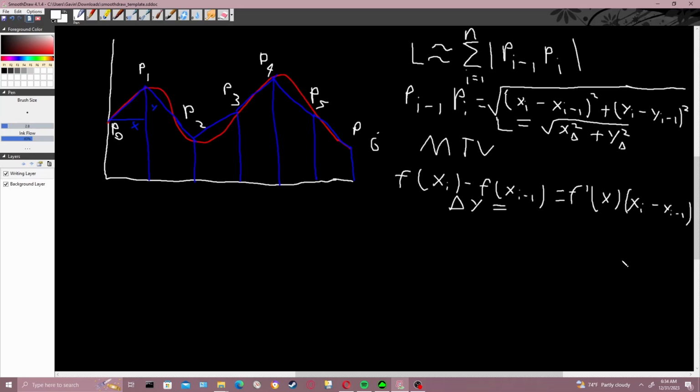And the change in y equals f prime x times the change in x. So y over x times x equals y. And y equals y. Very cool what we just did. We just proved a very simple mathematical concept, but it's very useful.